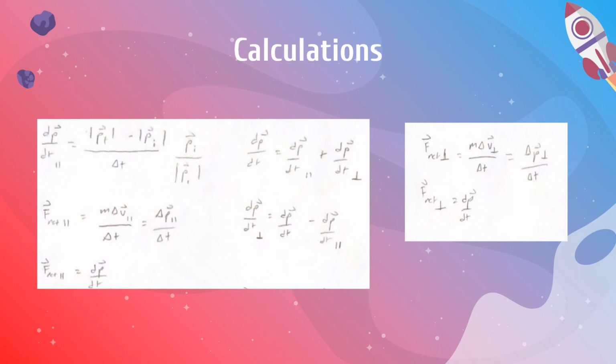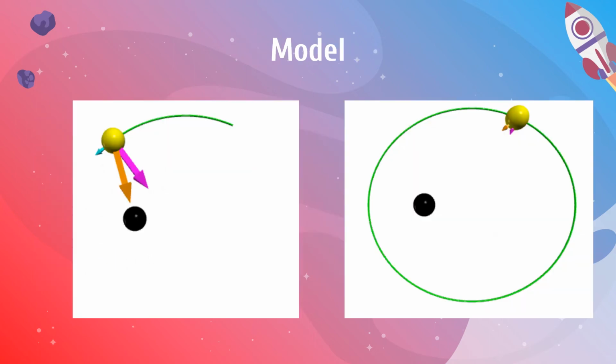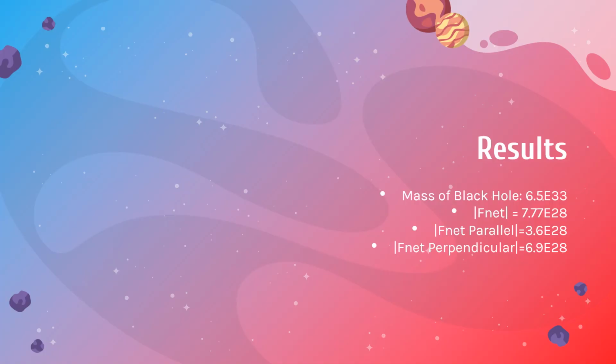Running the code, we find that the net force exerted upon the star by the black hole is equal to 7.7 times 10 to the 28th newtons and is represented by the orange arrow. The blue arrow represents F net parallel, which is equal to 6.91 times 10 to the 28th newtons.